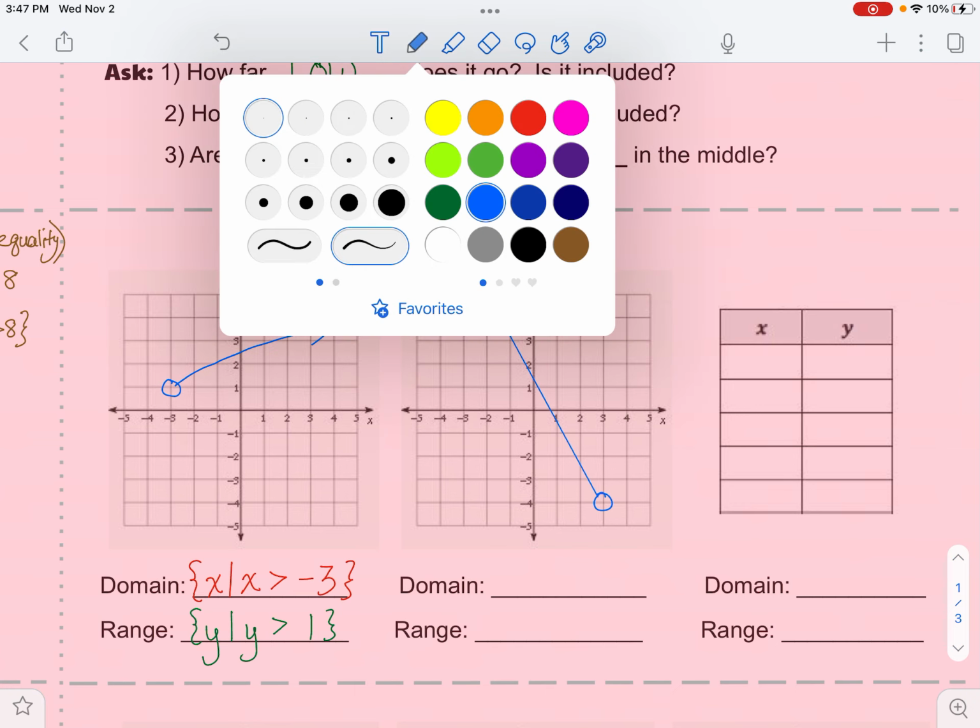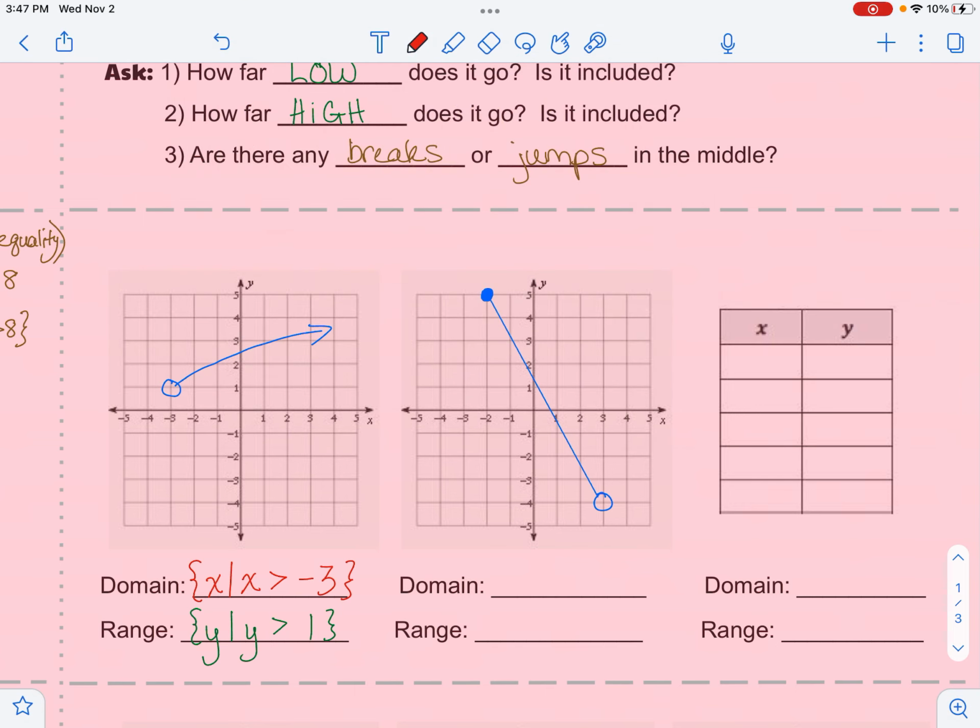So for this one, back to red for our domain, again, we ask how far left. Furthest left this goes is -2. And then we ask what's the furthest right this goes. Furthest right is going to be +3. So remember, we're looking at the x values there, so we put our x in the middle.